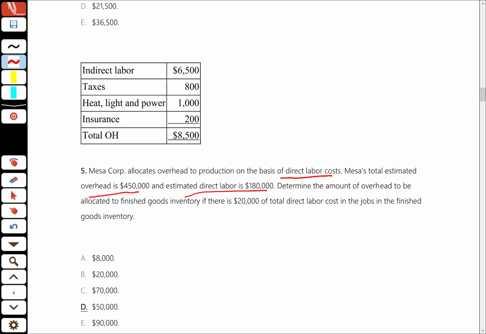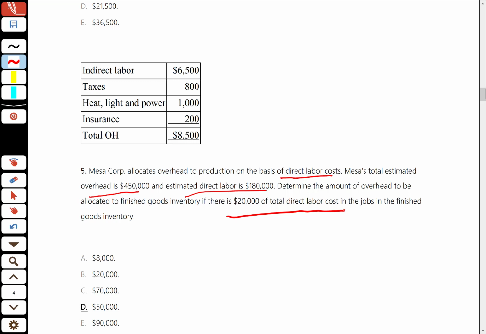Determine the amount of overhead to be allocated to finished goods if there is $20,000 of total direct labor cost. Who wants to set that one up?